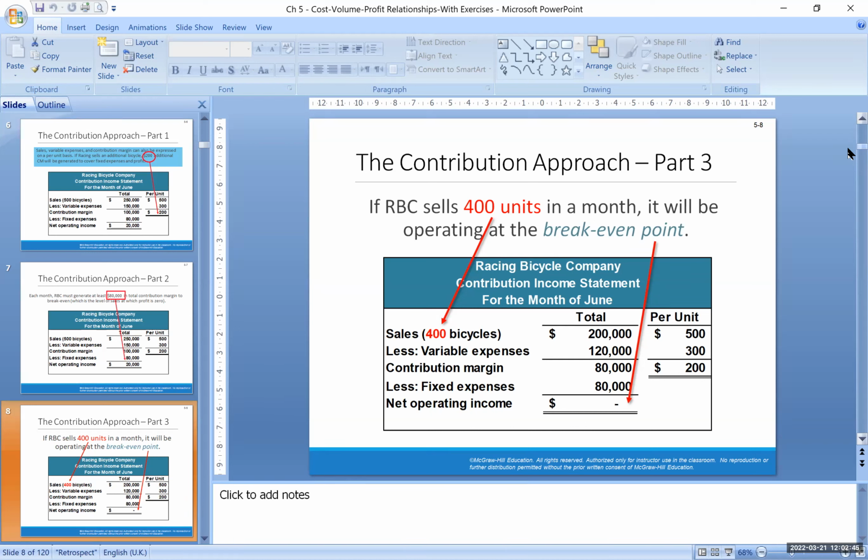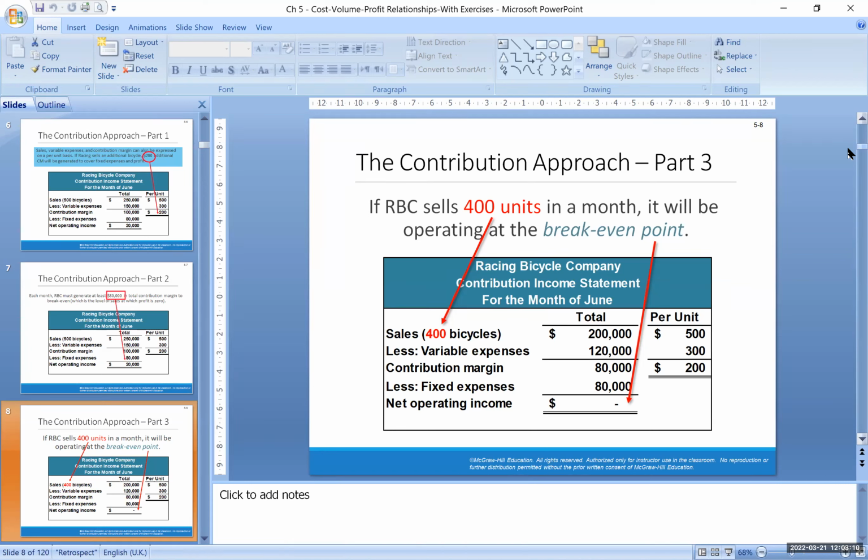If you think about the break-even point, it means that the company is only able to cover the total costs. It is important to emphasize that covering the total costs means we are covering the fixed cost and the total variable cost.